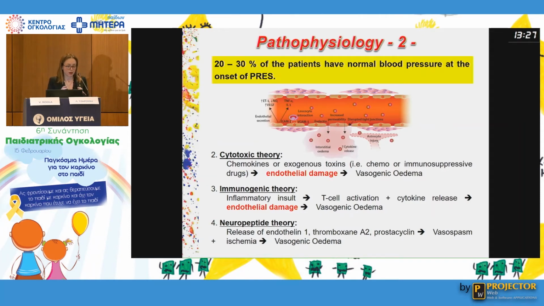Is that whatever the agent that causes the PRES, it could be chemokines or exogenous toxins like chemotherapies or immunosuppressive drugs. It could be an inflammatory insult which leads to T-cell activation and cytokine release. It could be release of neuropeptides. But all these causes, agents, they lead to an endothelial damage and finally to the fluid leakage in the interstitial space, which causes the vasogenic edema.